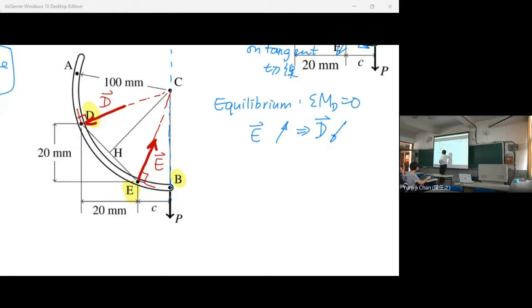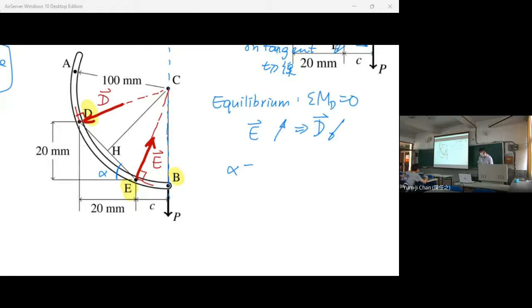The first one we determine is this one. Let me write alpha. What is alpha?